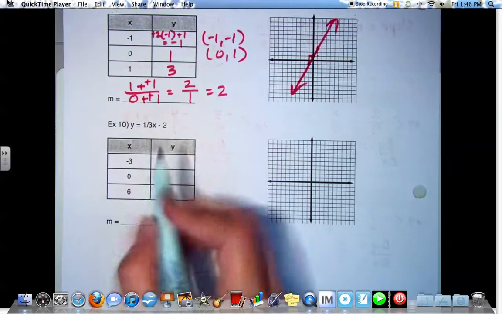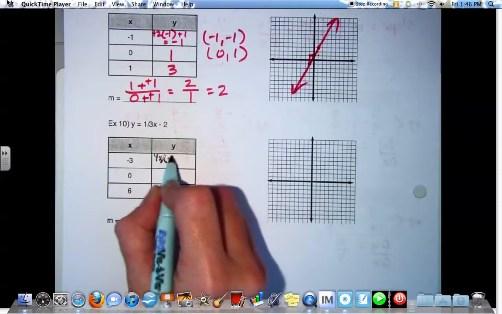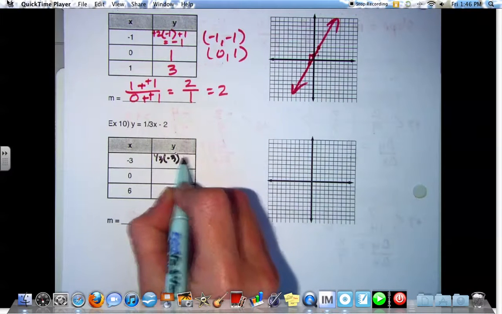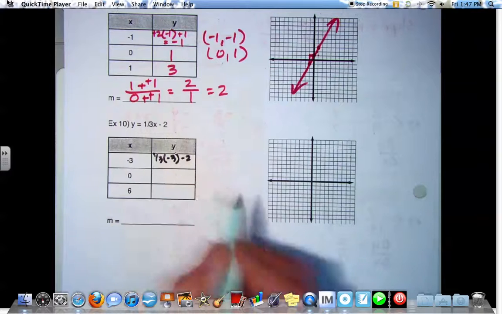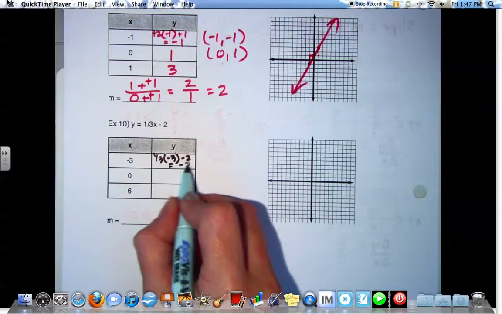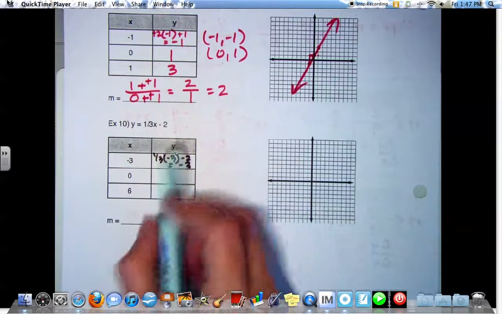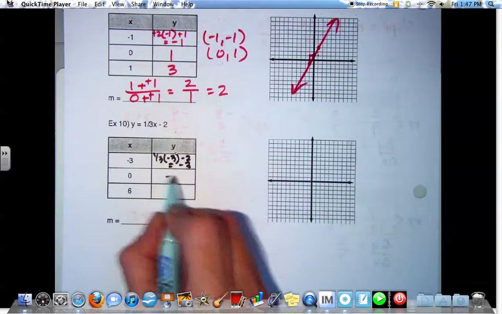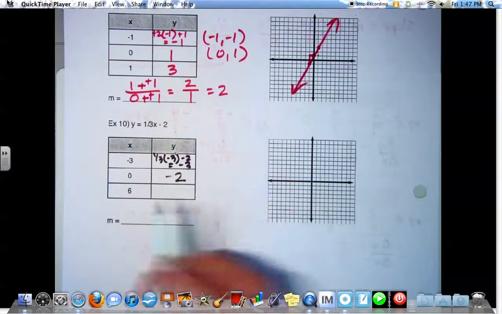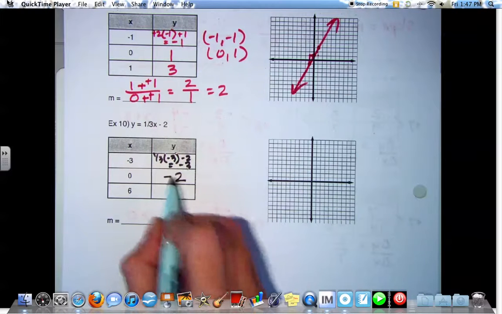Okay. All right, so next one we have 1/3 times negative 3 minus 2. What does that give us? Negative 3. Yes. 1/3 times 0 is minus 2, negative 2. 1/3 times 6 is 2, minus 2, 0.